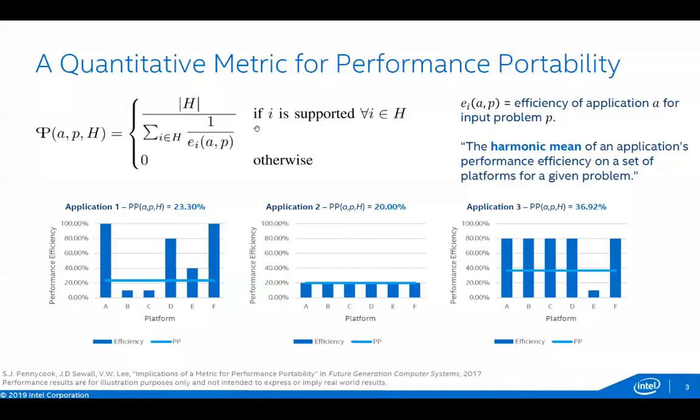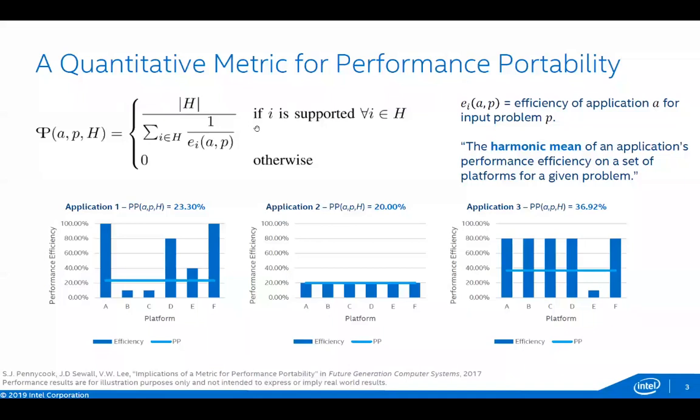And then application 3 shows something quite different again. So here we've got 5 platforms with 80% performance efficiency and a single platform with 10% performance efficiency. And again, as I said, the harmonic mean pulls things down. So the presence of platform E in the platform set means that instead of an 80% performance efficiency, performance portability, you get 37%. And this is interesting for a couple of reasons.